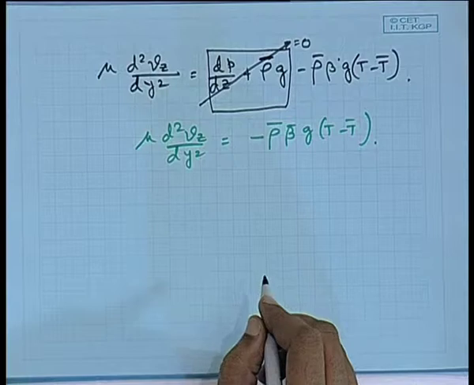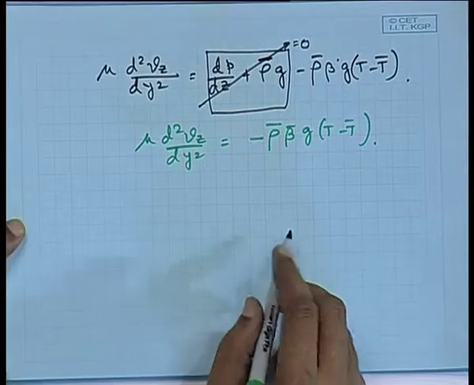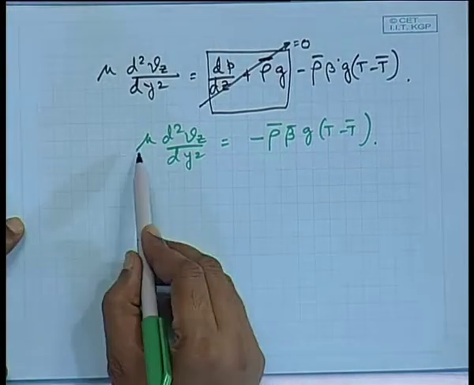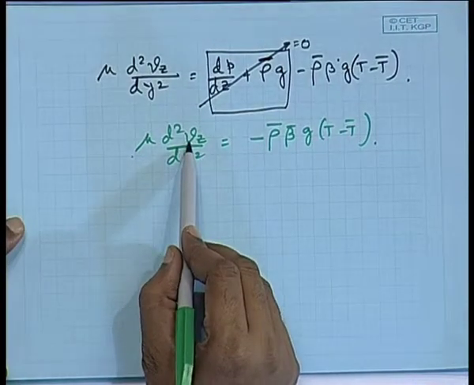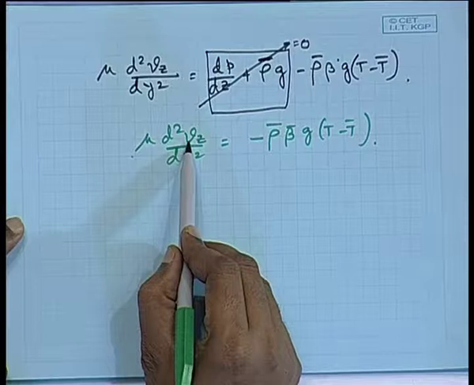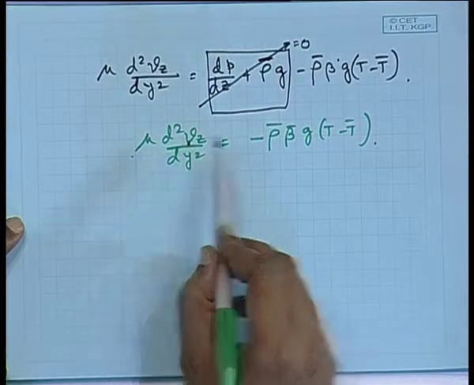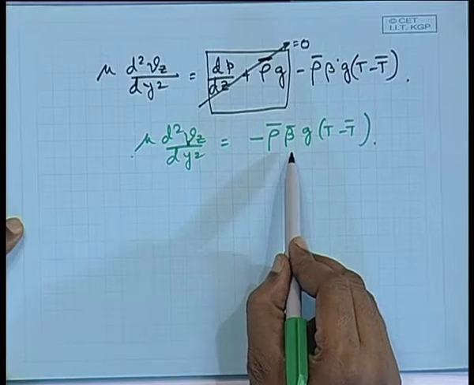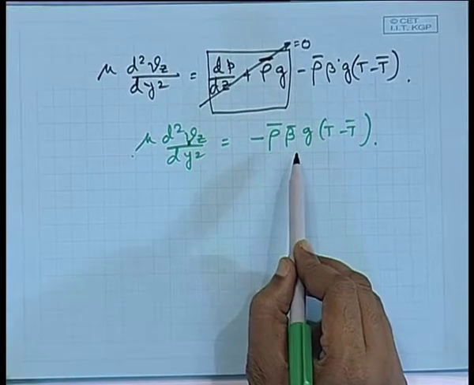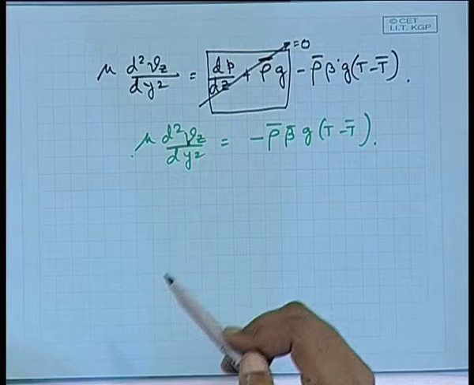So, in other words, now I am in a position in which, provided I assume mu is not a function of temperature, I have the governing equation for velocity or motion as a function of density difference imposed by temperature. Should I repeat it one more time? Okay.